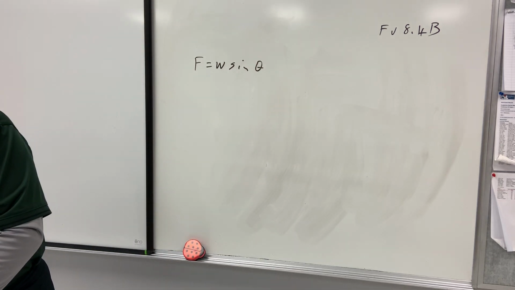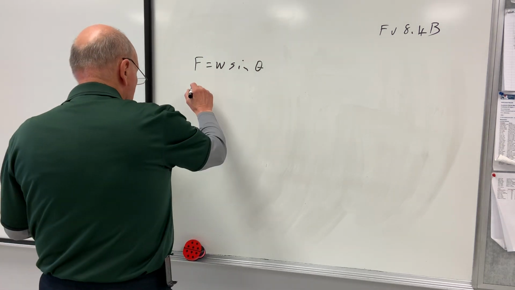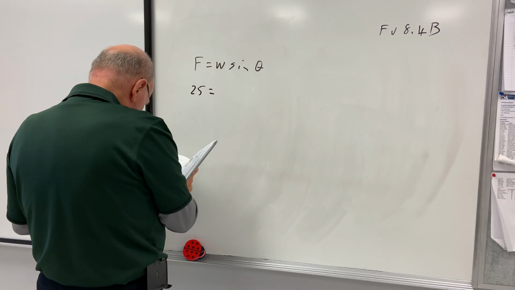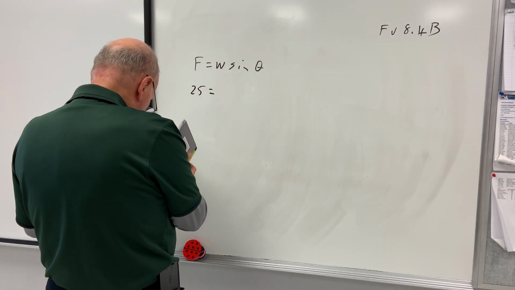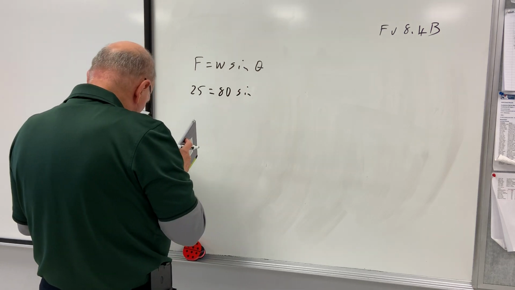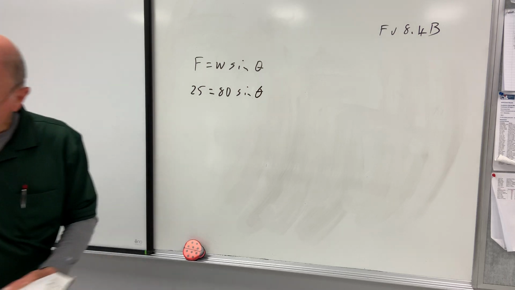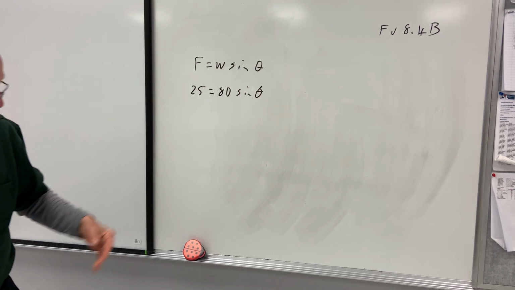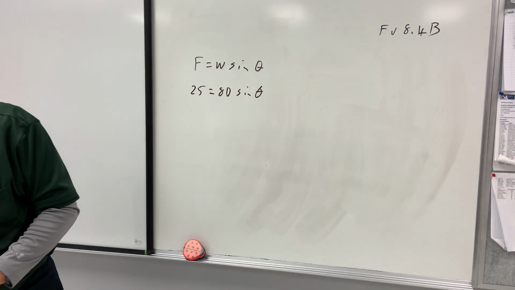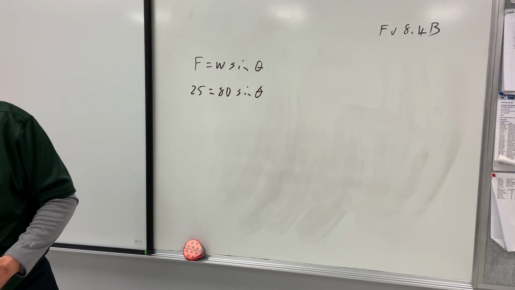In here it says it takes a force of 25 pounds. So I've got 25 equal to hold a weight of 80 pounds on an angle of theta, and in this particular case, it wants to know what that angle is. It says, what angle does the hill make with the horizontal?